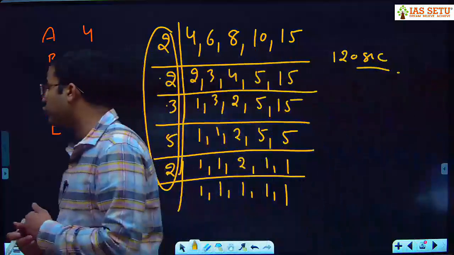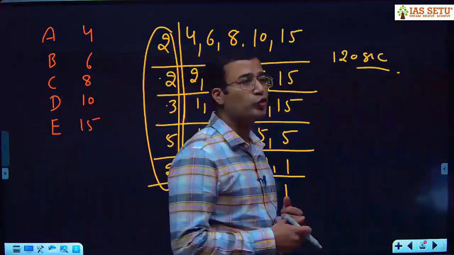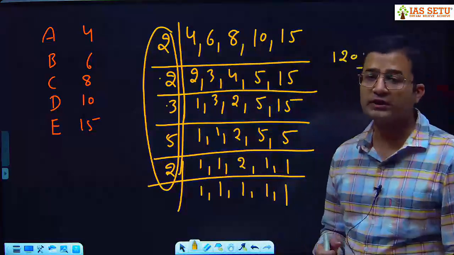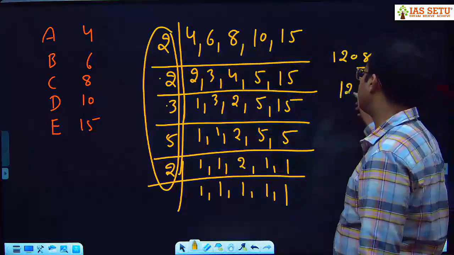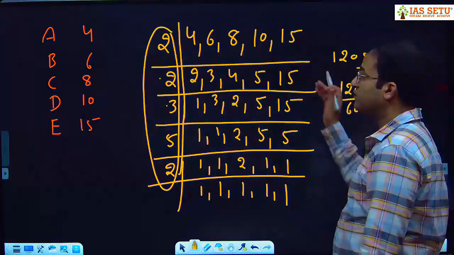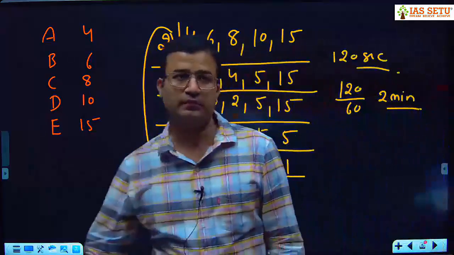Now what do we have to do next? Step number 2, we have to convert 120 seconds into minutes. When we convert seconds into minutes, we divide by 60. So it means every 2 minutes, these 5 bells toll together.